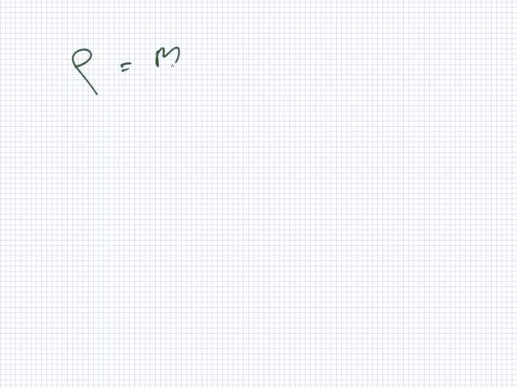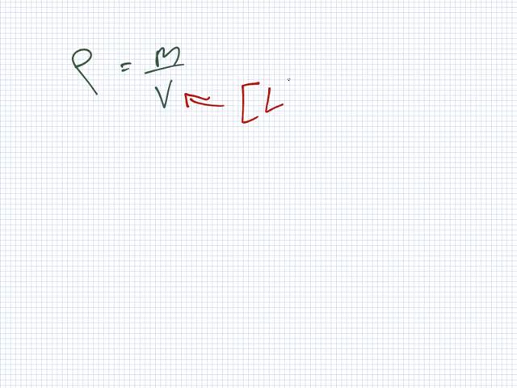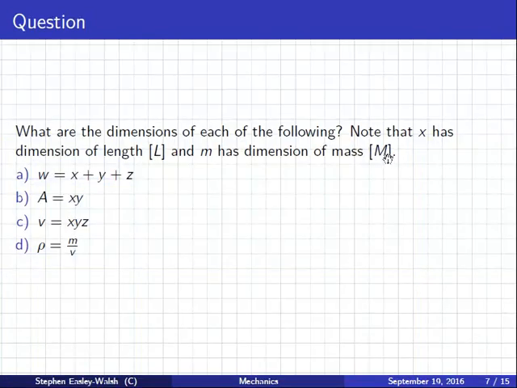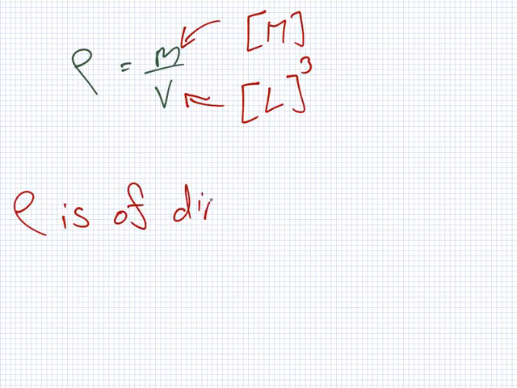M over V. Now, the V, you know that's the answer for part C, which we said is L cubed. And then the M, I tell you in the question, is M. So the answer, we write it like this: of dimension M slash L cubed, but I don't actually like it like this.